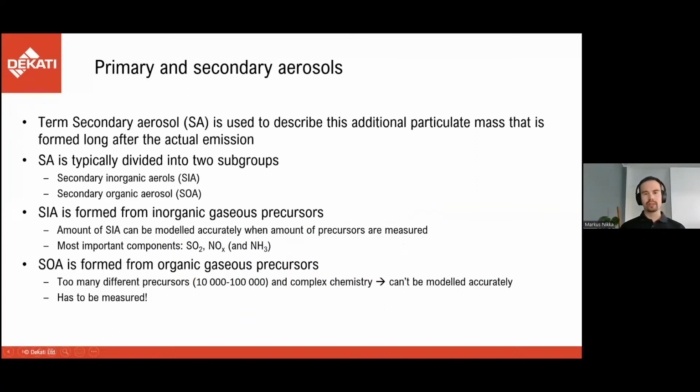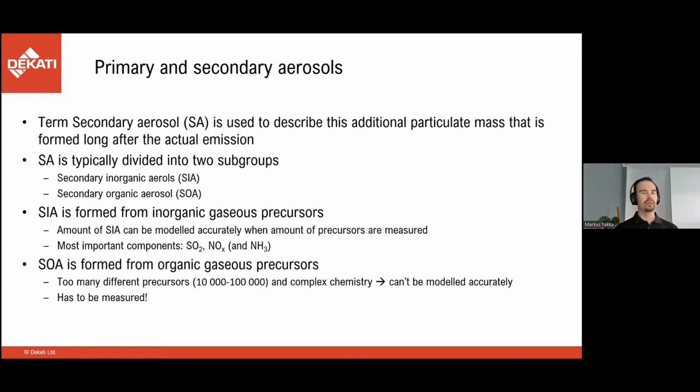So the term secondary aerosol is used to describe this additional particulate mass that is formed long after the actual emission to the atmosphere, and it's typically divided into two subgroups, inorganic and organic. The secondary inorganic aerosol is formed from inorganic gaseous precursors such as sulfur dioxide, nitric oxide, and so on.